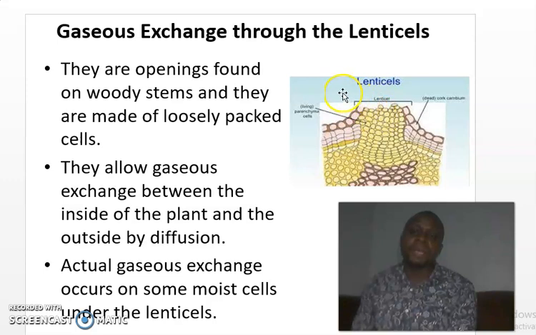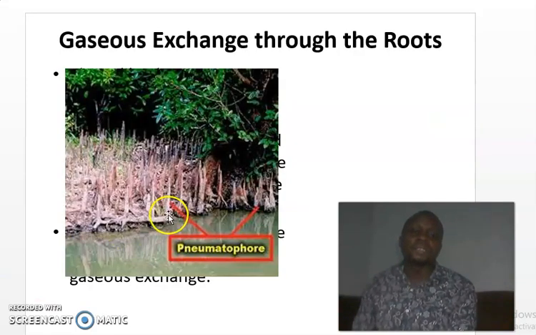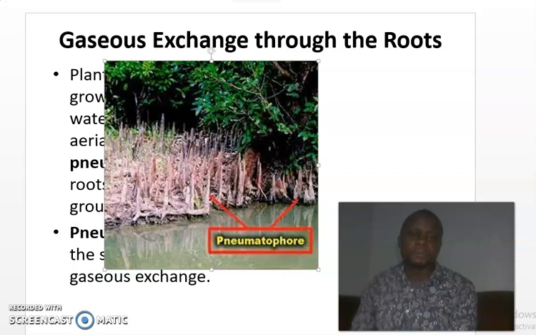And because it will be highly concentrated outside, it will diffuse through the lenticels into the corky cells, where it will diffuse into the cytoplasm and be used for the process of respiration. And that is how gaseous exchange occurs in the lenticels and the pneumatophores.